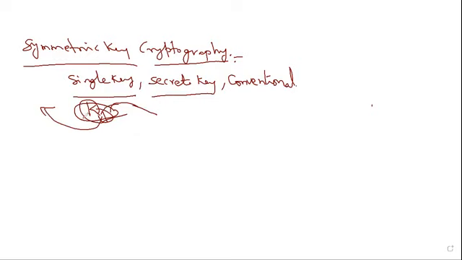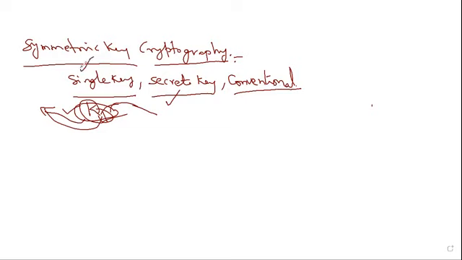But the only thing by which we can maintain secrecy is the key, right? So that's why sender and receiver must utilize the key in that particular session in a secured manner. That's why we also call the symmetric key the secret key, and another name for it is conventional cryptography. So remember these four names.